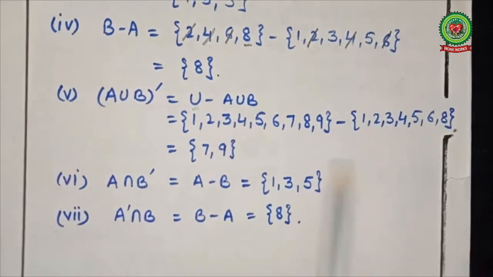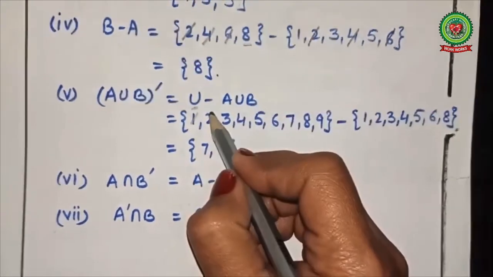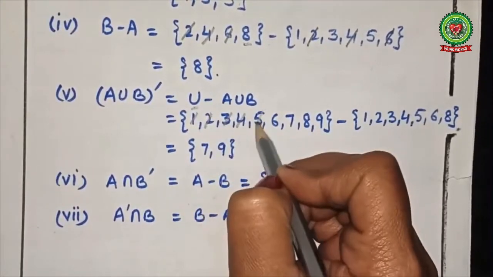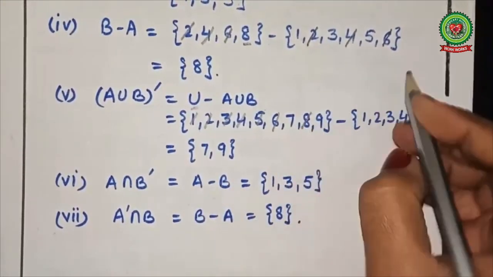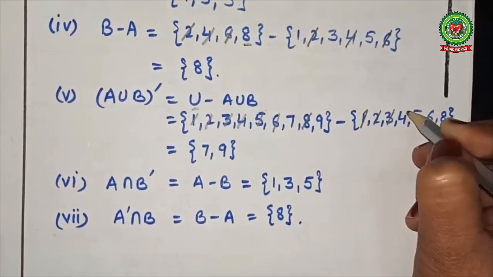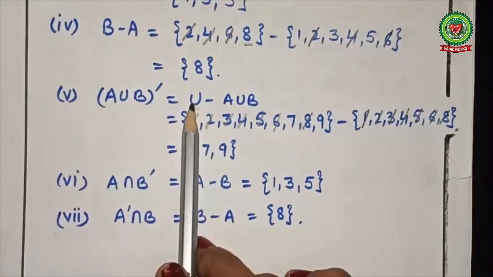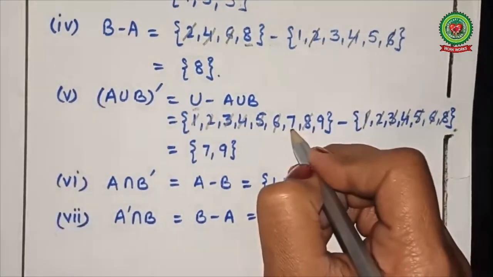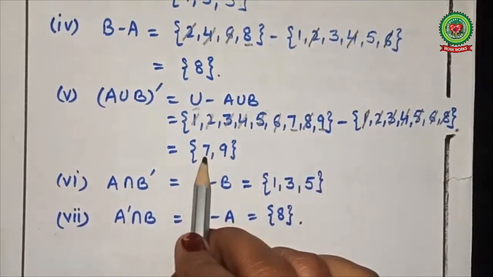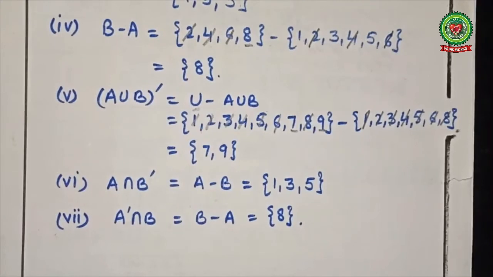So, on subtracting, all these elements will be subtracted, 1, 2, 3, 4, 5, 6 and 8, because these elements belong to set A union B. Now, left out elements of universal set are 7 and 9. So, this is the answer for A union B complement.